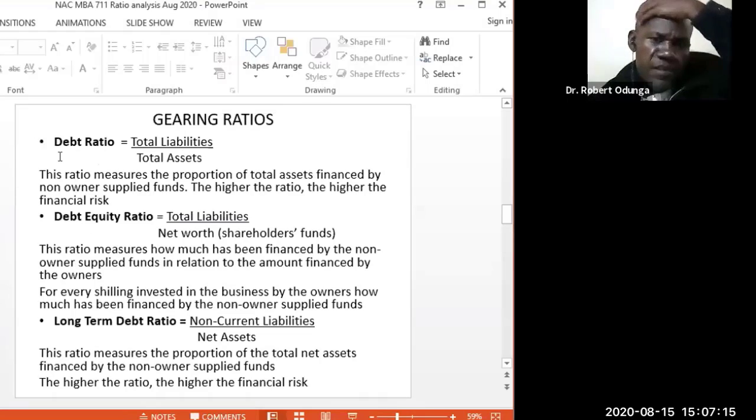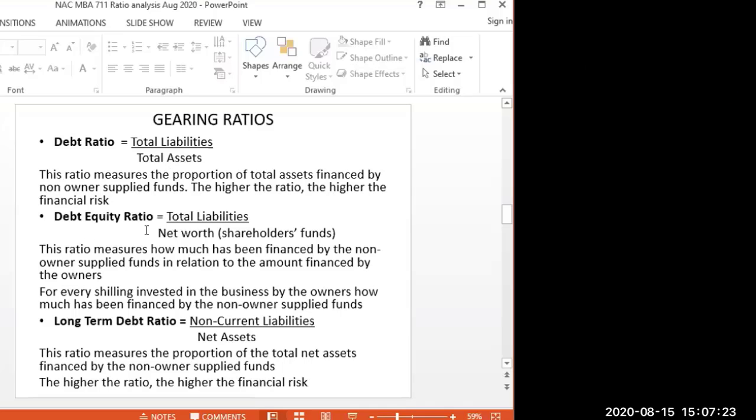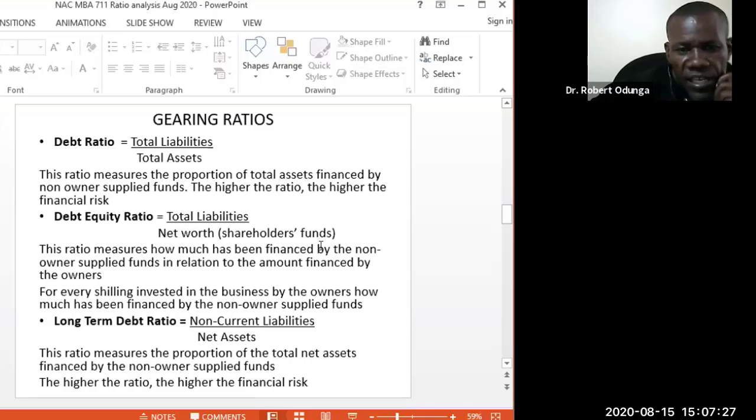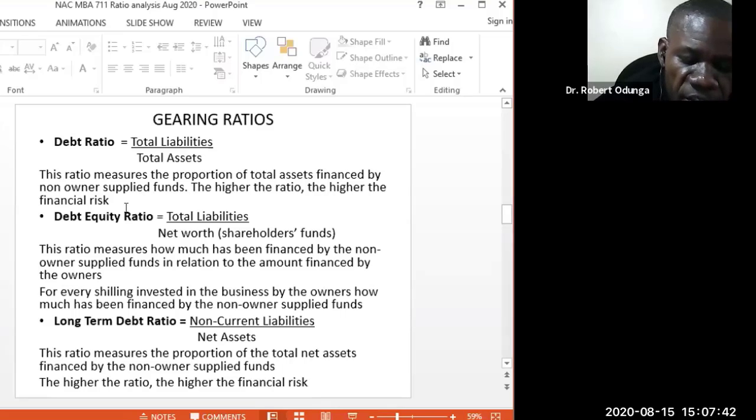We have the debt ratio, which is total liabilities over total assets. We have the debt to equity ratio, which is total liabilities over net worth or shareholders' funds. We also have the long-term ratio. We can compute one of these or even all and see what it gives us. Let's compute the first two.